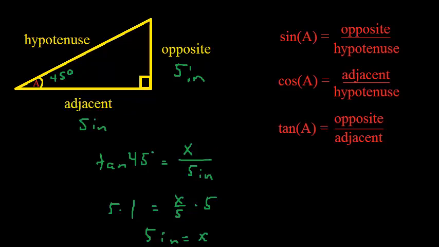One handy tool is called the inverse function. An inverse function, for example, the inverse tangent function, written like this, the inverse tangent then takes the opposite over the adjacent side and gives me back the angle.